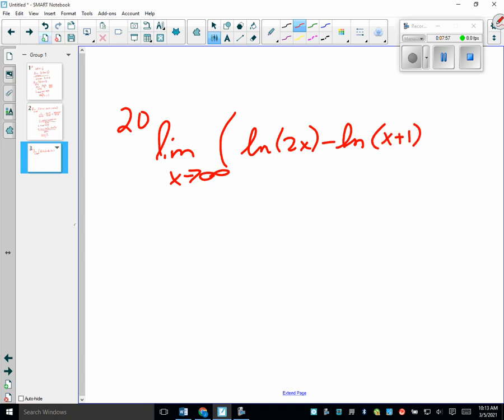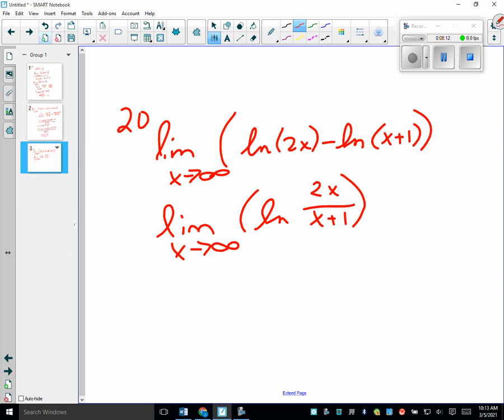Now, according to things we know about logarithms, isn't this the same thing as ln of 2x over x plus 1?